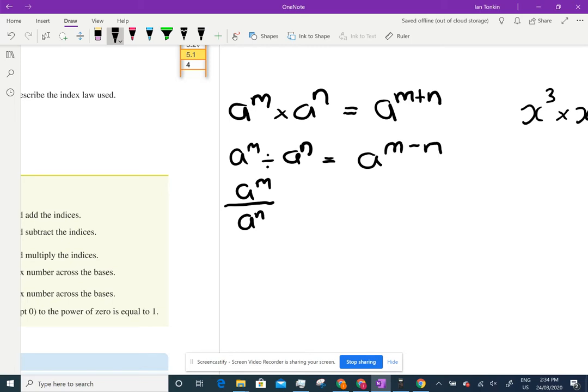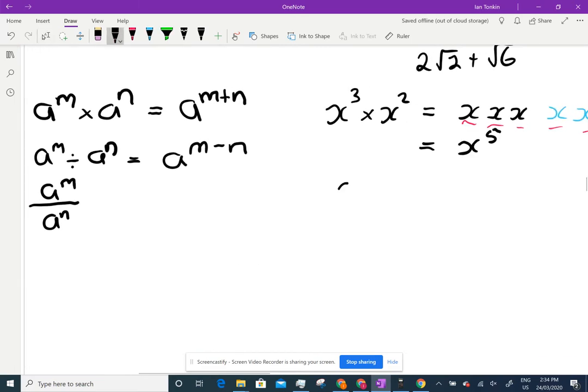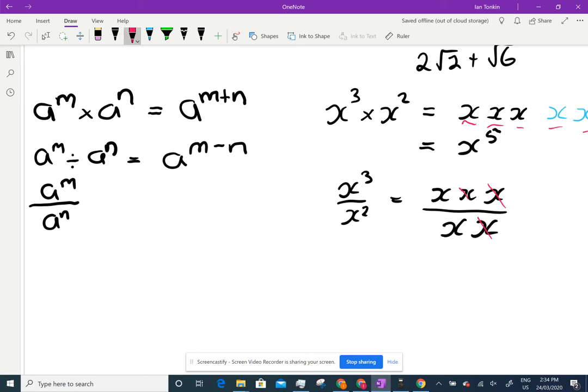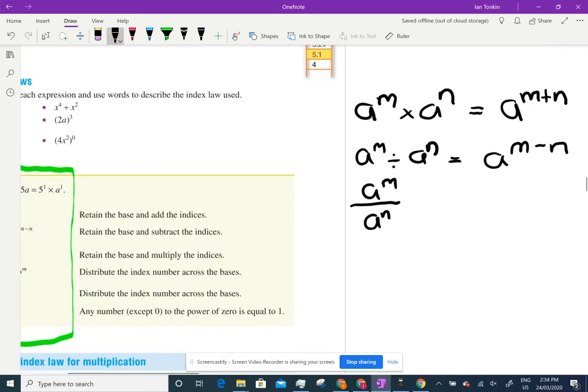And again, if I had x cubed over x squared, that would be x times x times x over x times x. I was hoping that would change colour, but it didn't. And that one would go, and that one would go, and I'd just be left with x to the 1. Don't need the 1, but I'll write it up so you can see that that's what you would get when you did 3 minus 2.